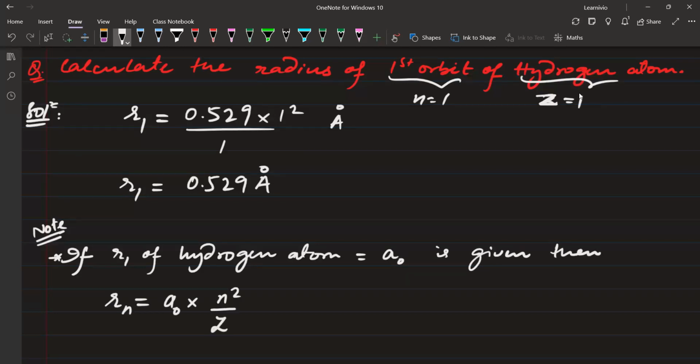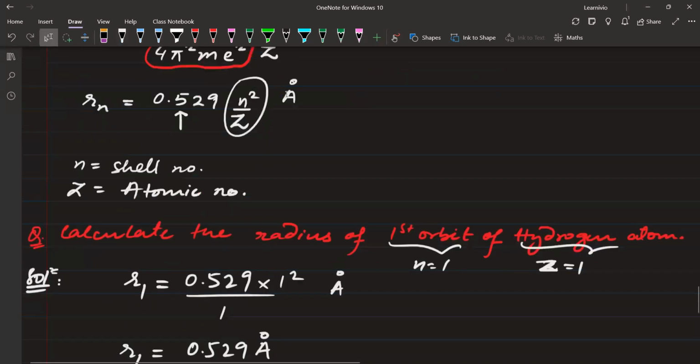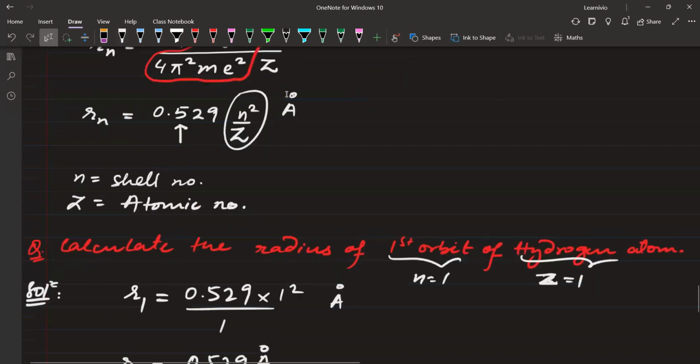This A naught is the radius of hydrogen atom. The formula you have to remember in general is 0.529 n square upon z angstrom, or if you want to write in pico, that is fine.